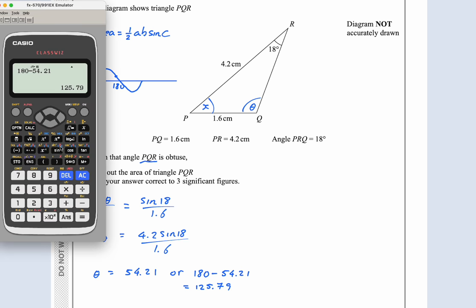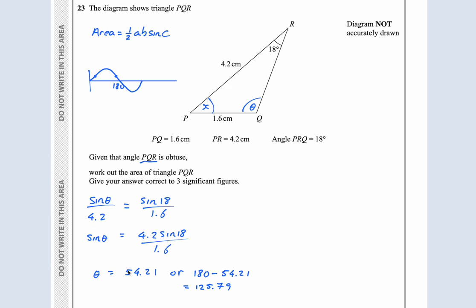If I do sine of 125.79, I get 0.81111, and if I do sine of 54.21, I get 0.8111165. So it's the same thing. The sine of this equals the sine of this. And because I know it's obtuse, I'm going to say, well, it's not this, it has to be this.